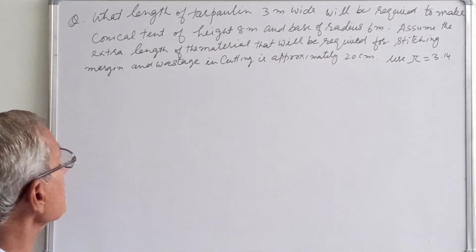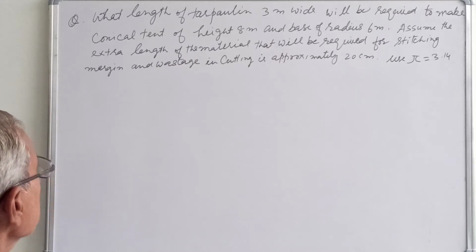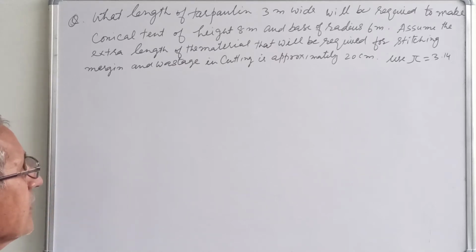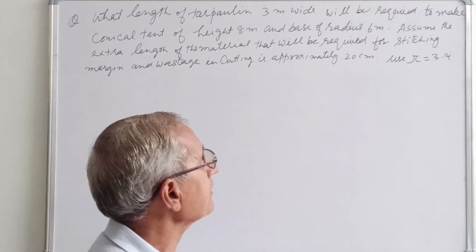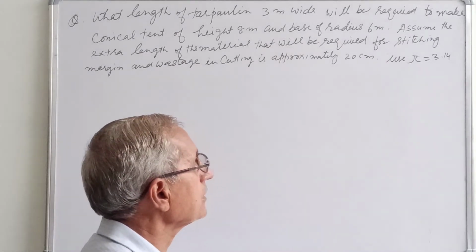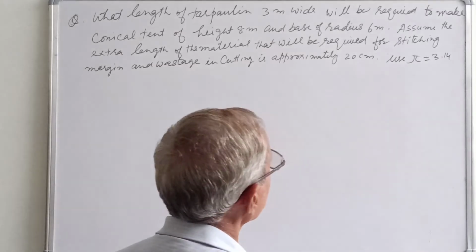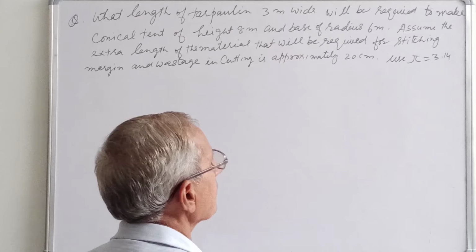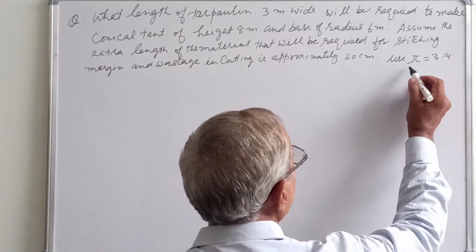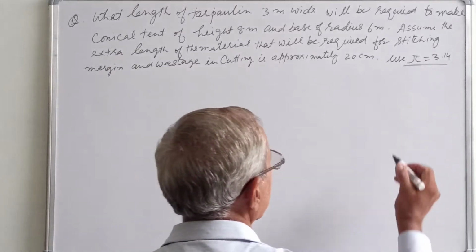Assume the extra length of the material that will be required for stitching, margin and wastage in cutting is approximately 20 centimeter, and pi will be used as 3.14, not 22 upon 7. The value of pi to be used here is 3.14.